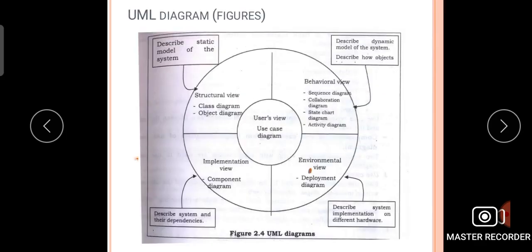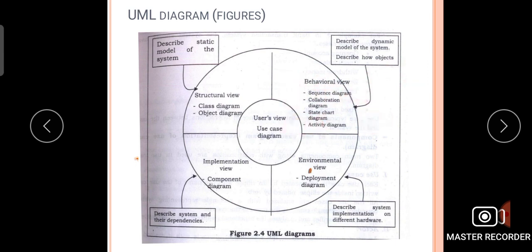Here, see: structural view, behavioral view, environmental view, implementation view and user's view. Totally 5 views, and these 5 views cover a total of 9 diagrams. In the structural view, diagrams are class and object. In the behavioral view, sequence, collaboration, state and activity.